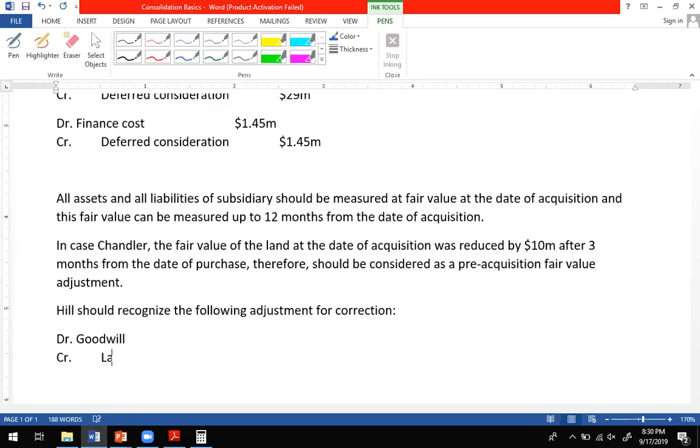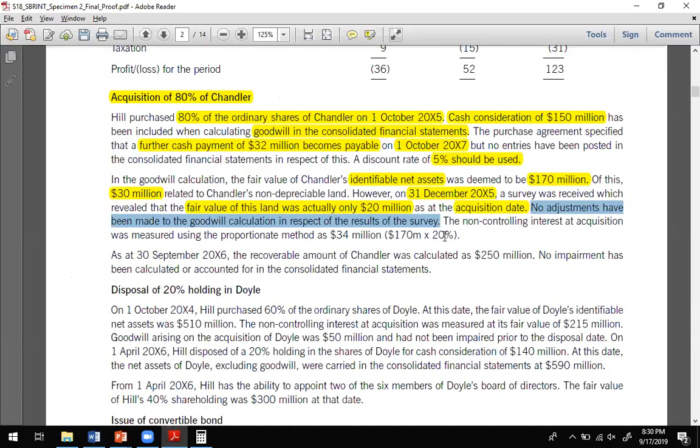But if you people remember, we have discussed two types of entries, a different entry for the full goodwill and a different entry for the partial goodwill method. So let's see which method the question is following. It says that the non-controlling interest at acquisition was measured using the proportionate method. Proportionate method means the partial goodwill method.